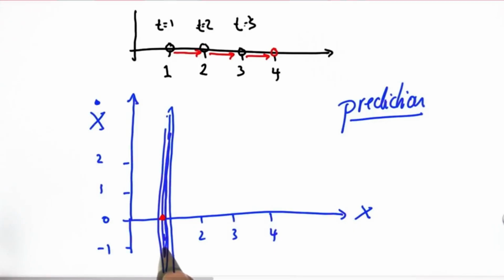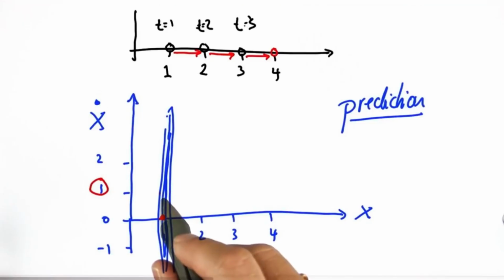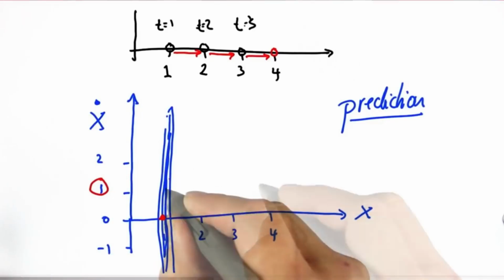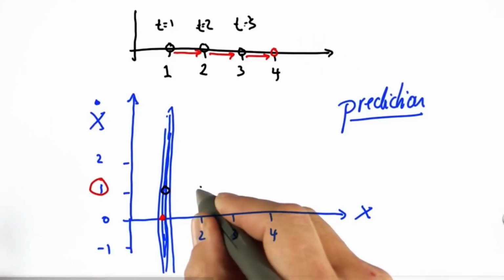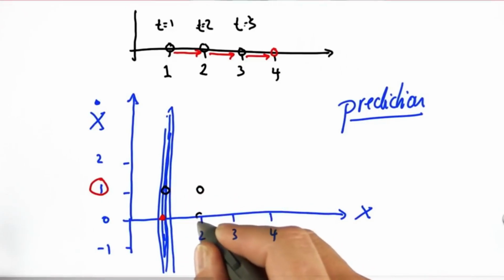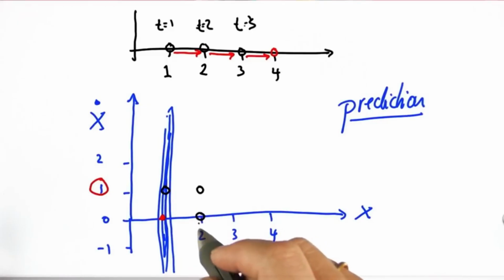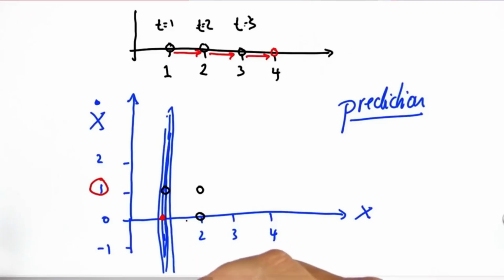Now let's change my belief of the velocity and pick a different one. Let's say the velocity is 1. Where would my prediction be one time step later, starting at location 1 and velocity 1? I give you 3 choices. Here, here, or here. Please pick the one that makes most sense.